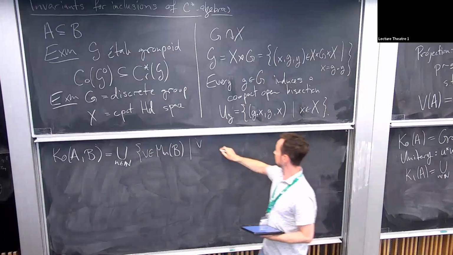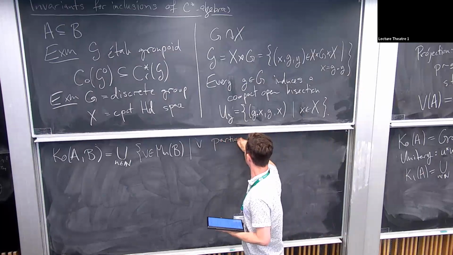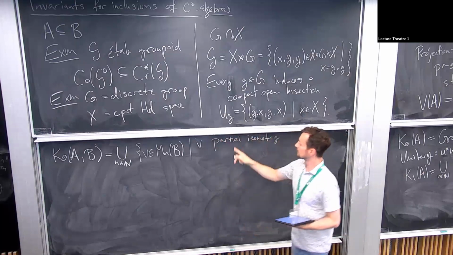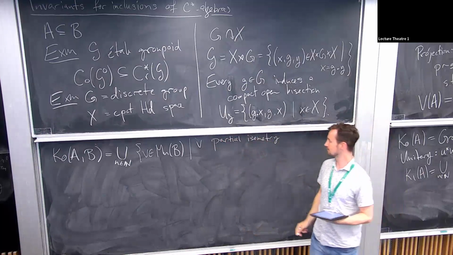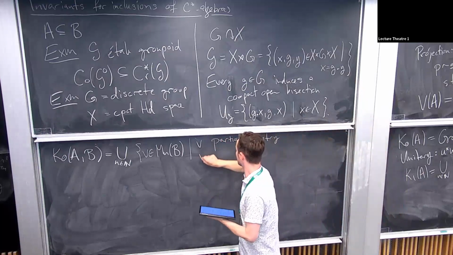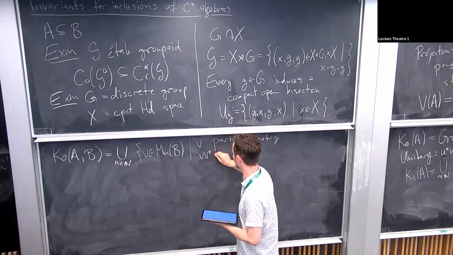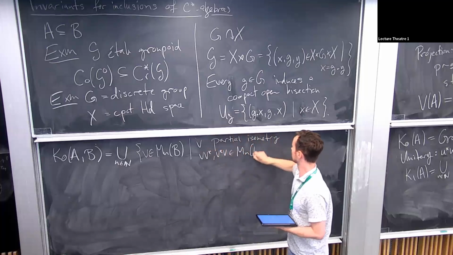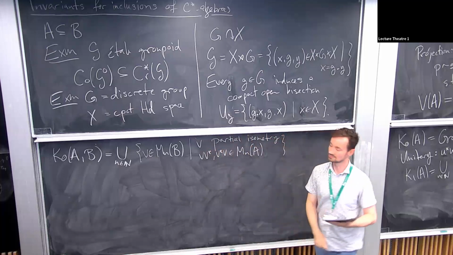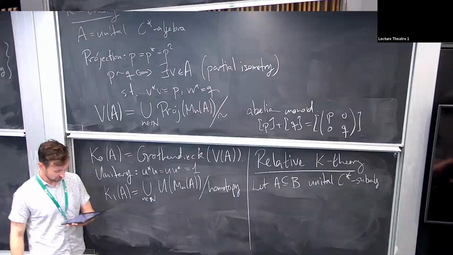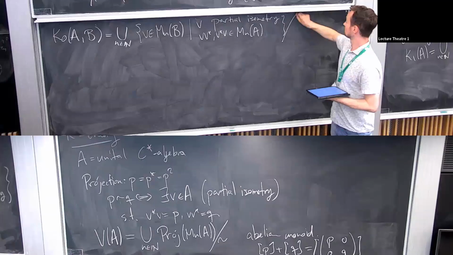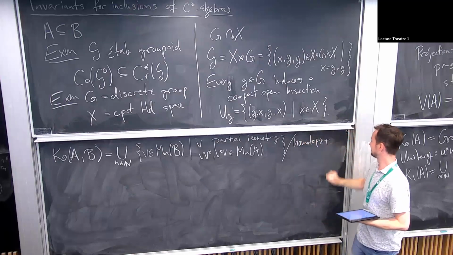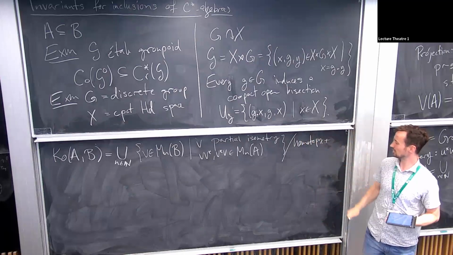So V should be a partial isometry in the big C-star algebra, such that these projections, V V star and V star V, land in the subalgebra.